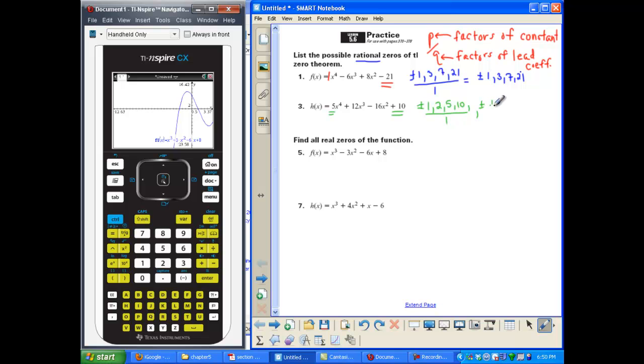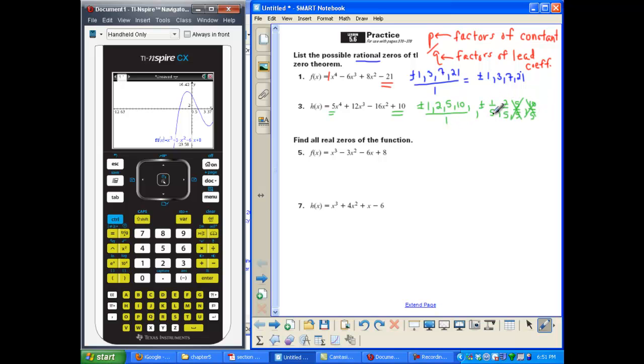And then we pick up 1/5 plus and minus 2/5. 5/5, if I listed it over here, is the same thing as 1, which I already have listed. And then 10/5, if I would list it here, is 2.